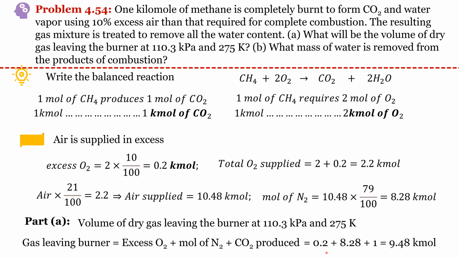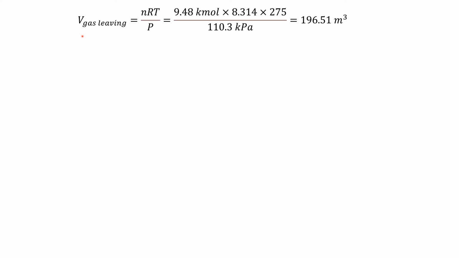We put all values and get 9.48 kilomole. In the next step we use the ideal gas equation to find the volume. Using the ideal gas equation, V of gas leaving equals nRT by P. After putting all values we get 196.51 meter cube.